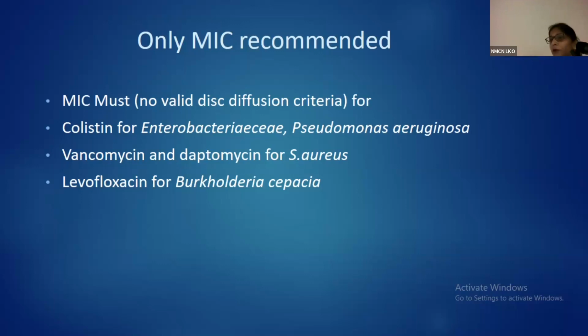Right now, we do not have colistin strips and we are not performing microdilution, so we are applying discs, but they are not recommended methods. Colistin MIC is to be determined; zone diameters are not the recommended method for colistin susceptibility. Then vancomycin and daptomycin for Staphylococcus aureus, and levofloxacin for Burkholderia cepacia. So you must demand MIC for these bug-drug combinations.